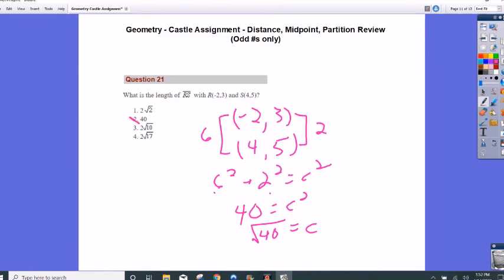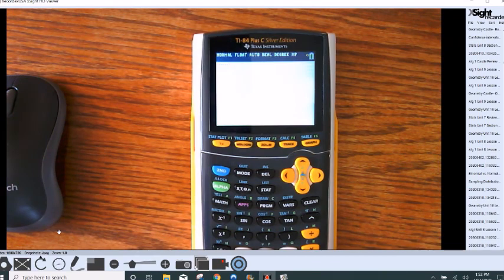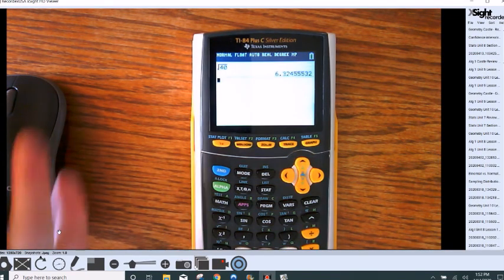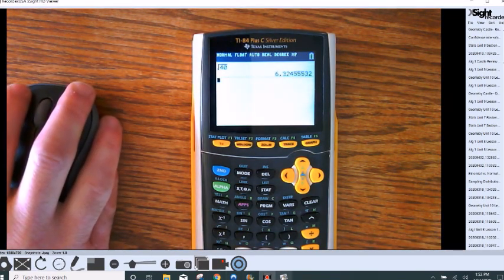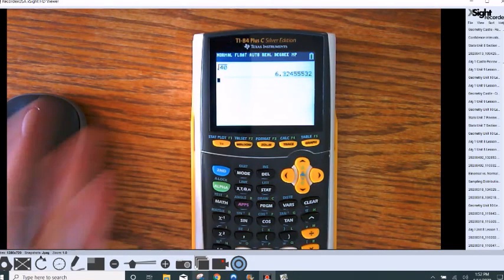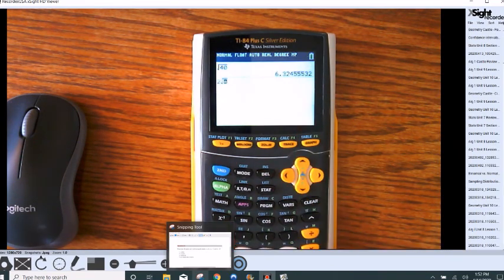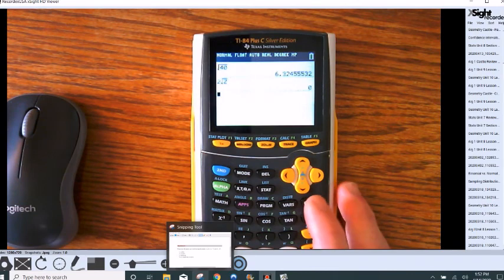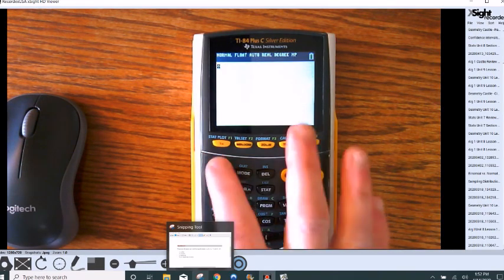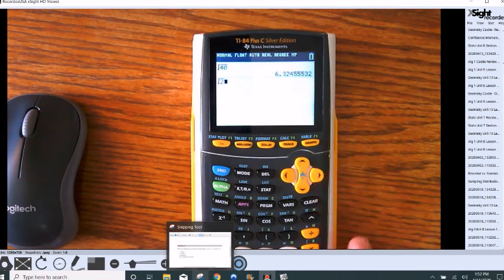So one thing you could do is go to your calculator. Let's type in the square root of 40. And I get 6.324 on and on. Let's go through our choices. So 2 radical 2. My guess is no. 40 radical 2 times 2.